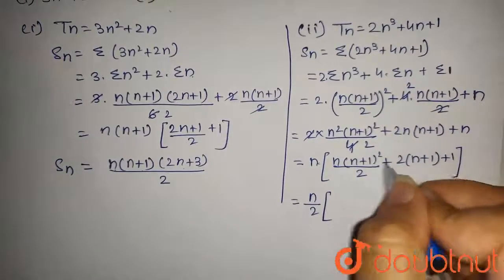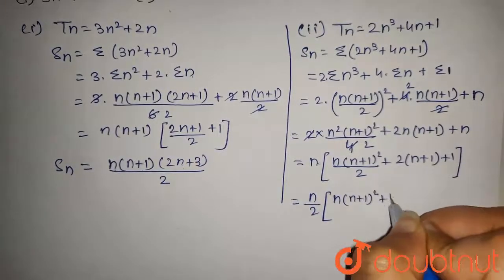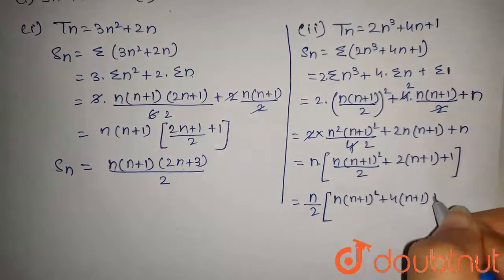Or this will be now n by 2 into, taking LCM in here, we get n into n plus 1 to the square plus 4 into n plus 1 plus 2.